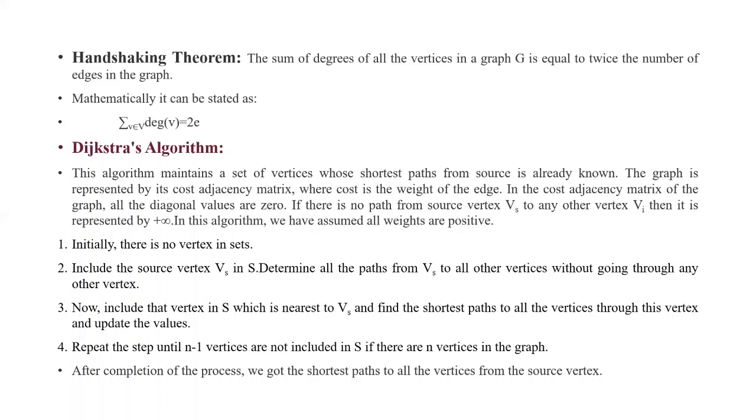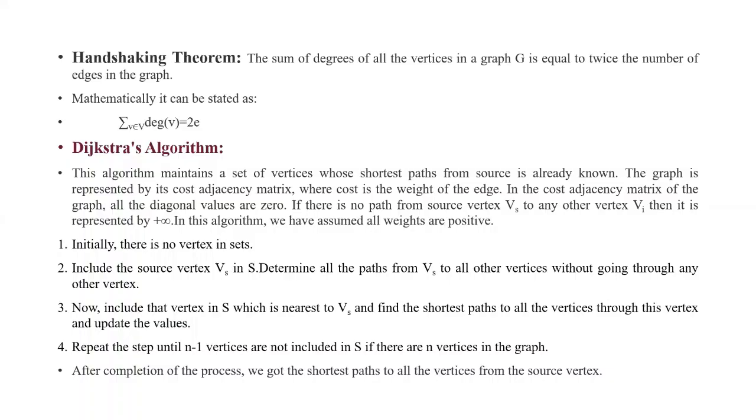If there is no path from source vertex Vs to any other vertex Vi, it is represented by infinity. In this algorithm, we have assumed all the weights are positive.